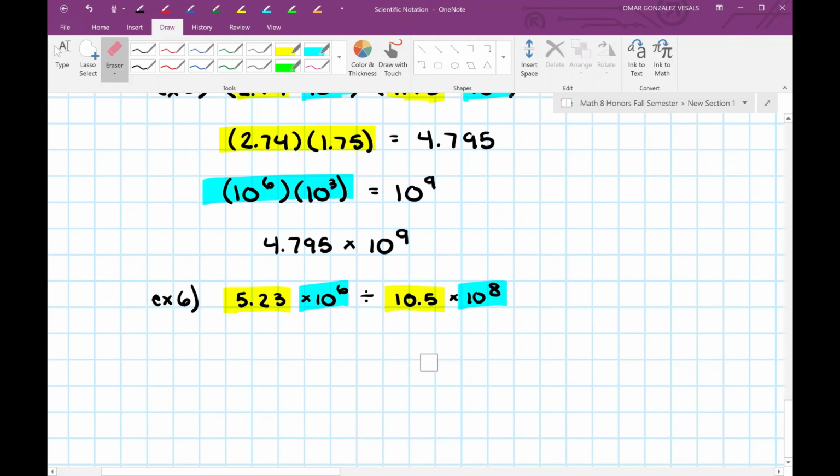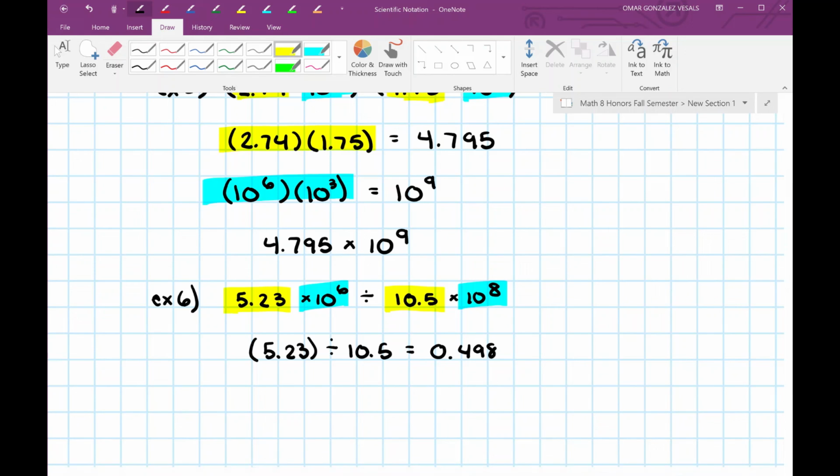6 minus 8. So the way I got this was, you know what, I'll do everything over here, step by step. So let's go 5.23, and we are dividing this by 10.5. So 5.23 divided by 10.5 is 0.498.